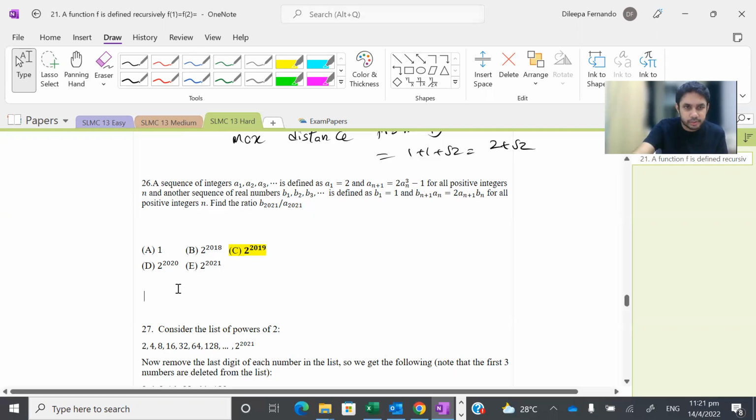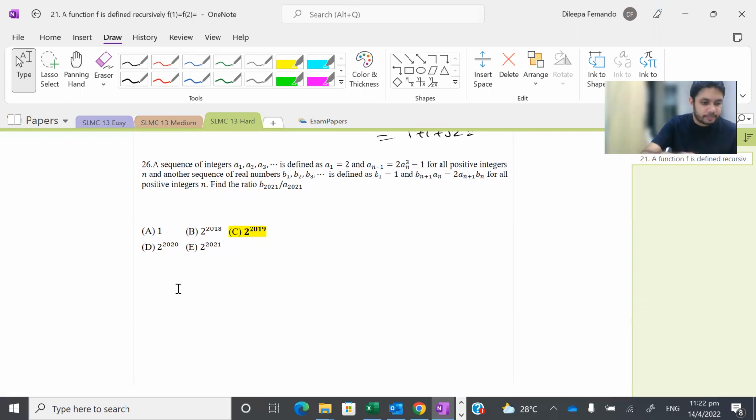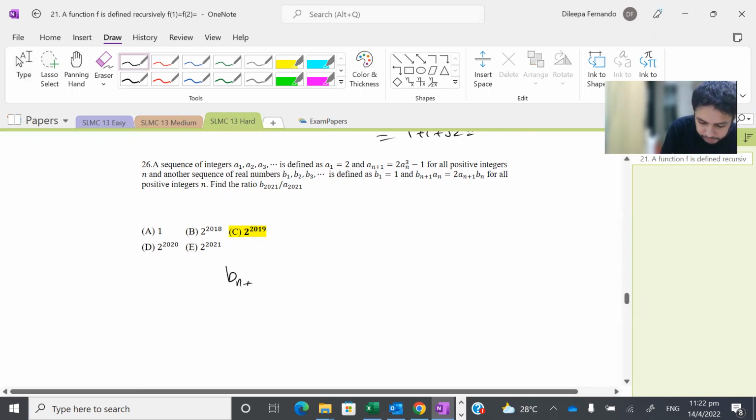So the best way to do this is, we need to find the ratio between B and A. So you first make use of the formula between B and A. So you have A(n+1) equals 2 An plus 1 Bn. So you are asked Bn over An. So you can find it here.